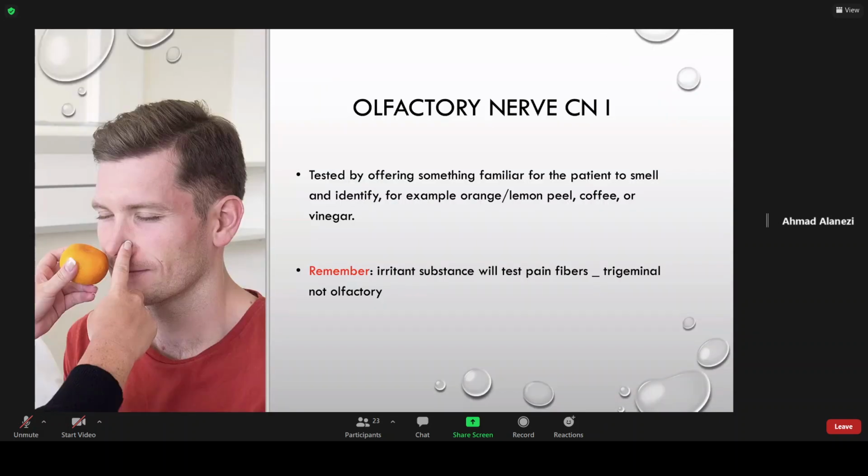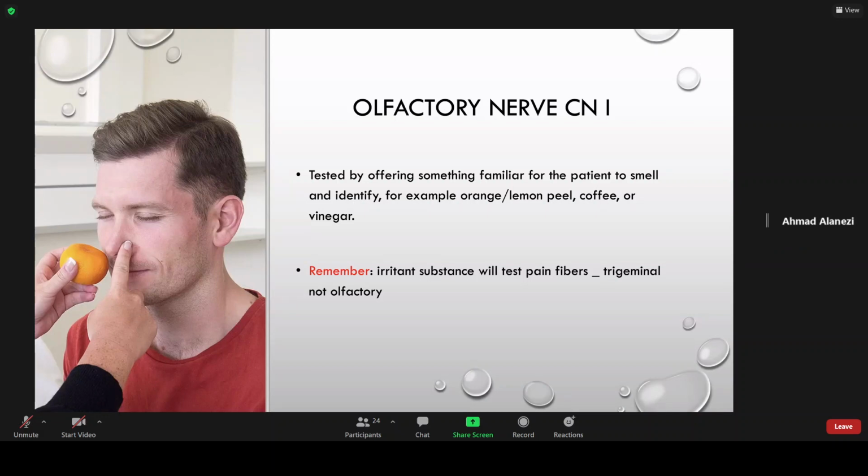Now, we don't routinely test the olfactory cranial nerve unless there is a suspicion of function loss, like anosmia. Okay.